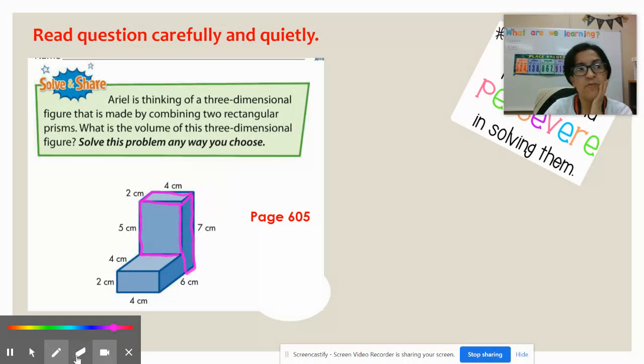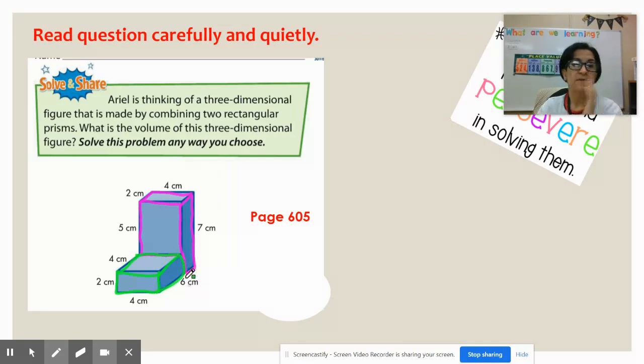See, and I separated it from this box here. So this box is in the front. See, this box is in the front and that box is in the back. Right, so I have two boxes now. I can figure out the volume of them.